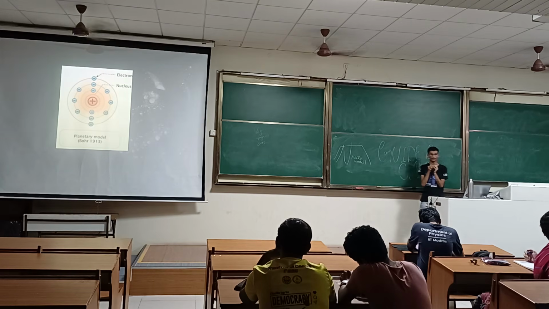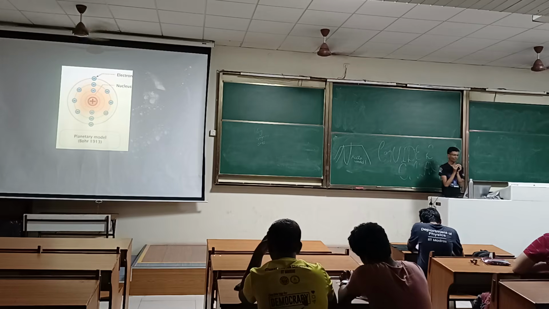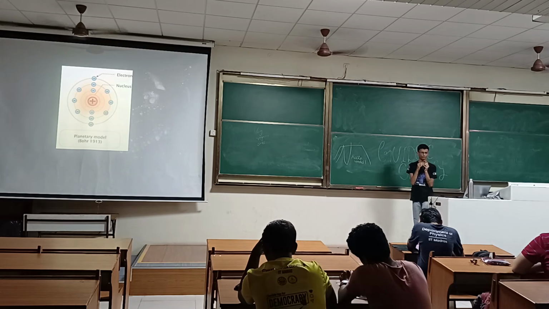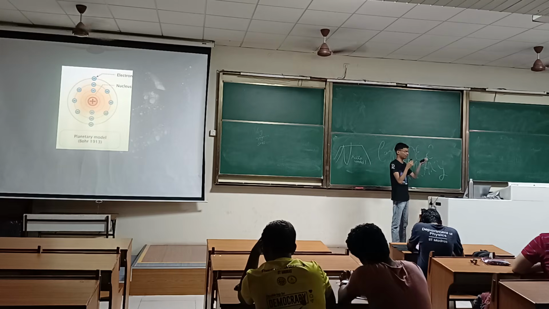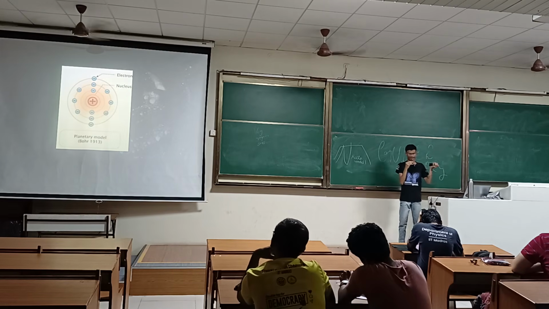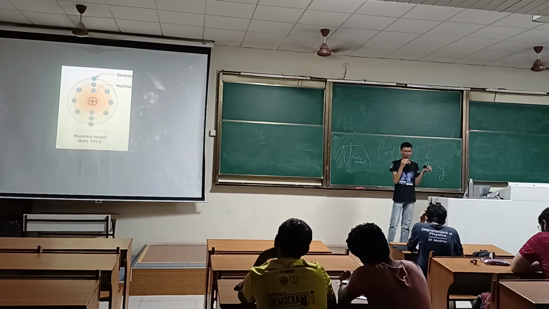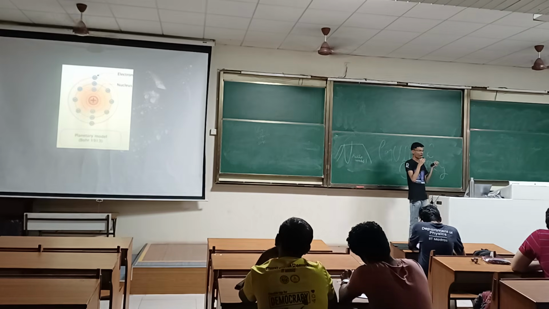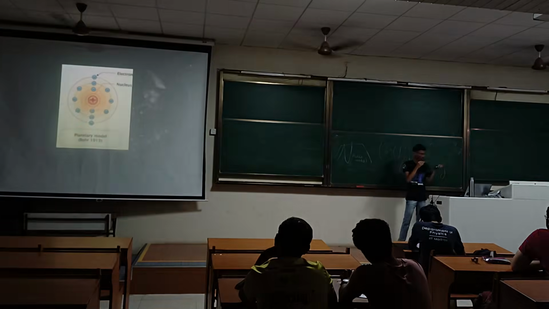I would like to go through a little bit of history behind this field. This is the planetary Bohr model of the atom, which we all read about in school: how J.J. Thomson discovered the electron, how Rutherford and his gold foil experiment helped discover the presence of a nucleus, how Chadwick discovered the neutron, and so on.